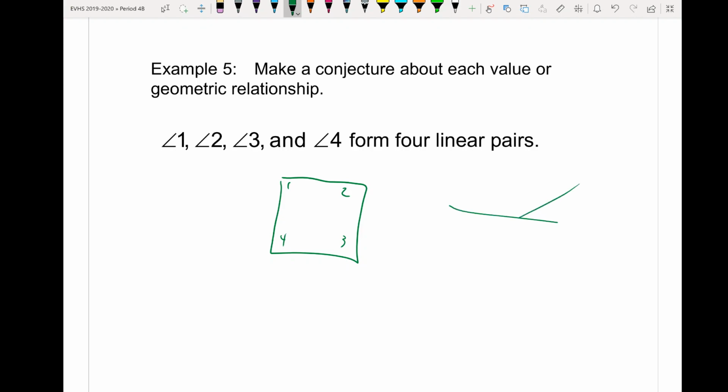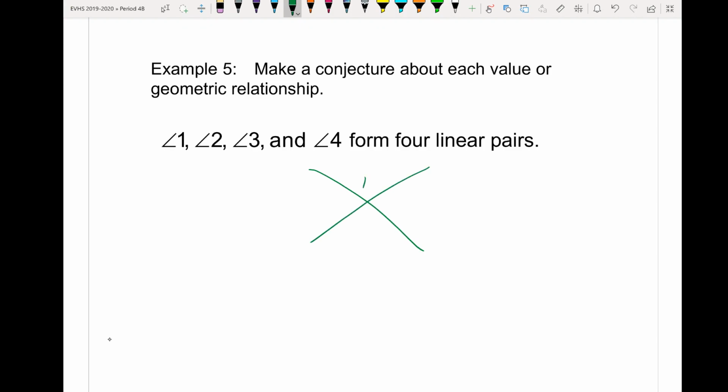No, because a linear pair is going to look like 2 angles together to make a line. So a square can't work. Okay, an X shape. Would that make 4 linear pairs? There's 1 pair, 2 pairs, 3 pairs, and 4. Yeah, we got 4 linear pairs.